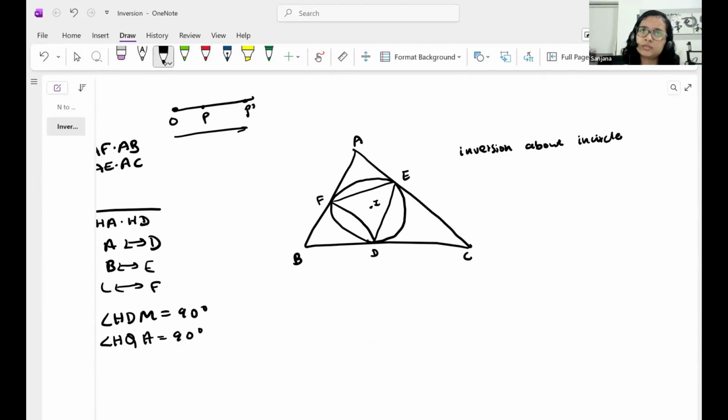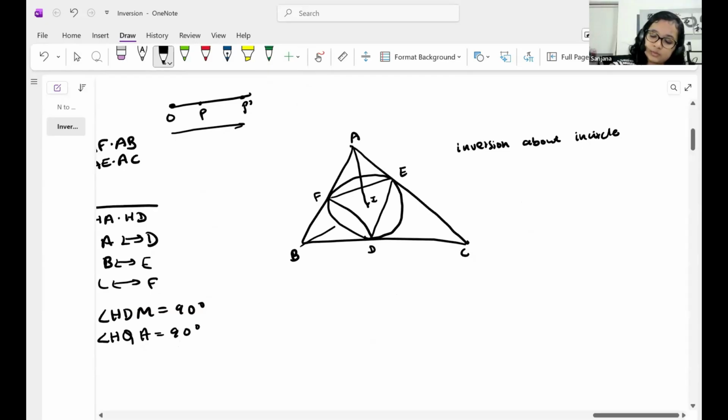Sorry, what did you say? Midpoints of EF, ED. Yes. So each of these will go to the midpoints of these corresponding tangent chords.